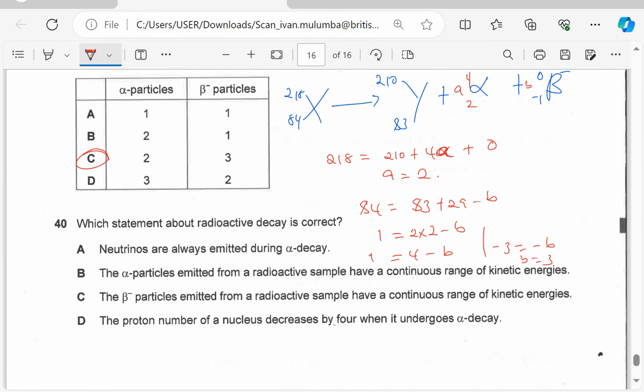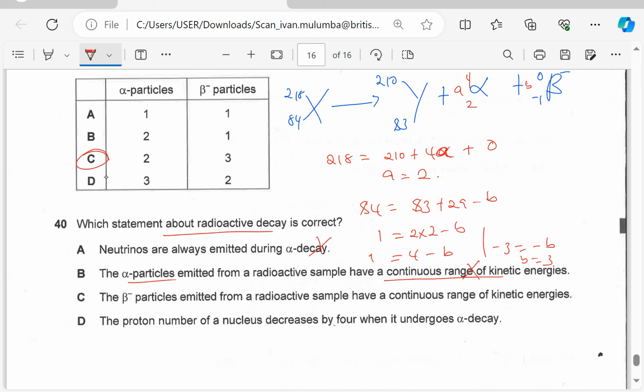And lastly, which statement about radioactive decay is correct? Neutrinos are always emitted during alpha decay. That is not true. Neutrinos and antineutrinos are emitted during beta decay. Alpha particles are emitted from a radioactive sample having a continuous range of kinetic energies.